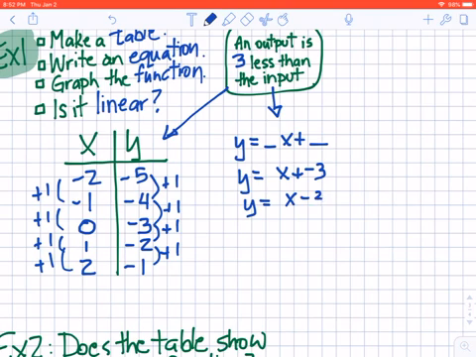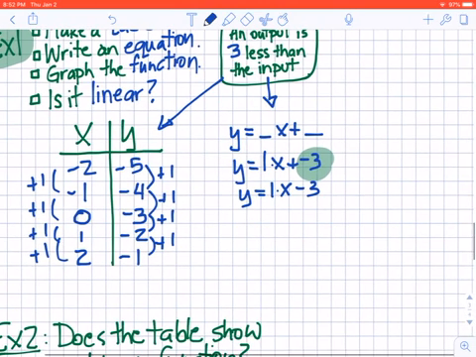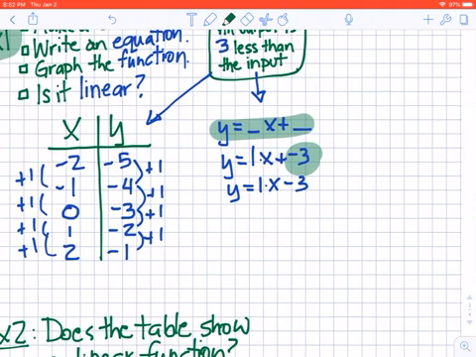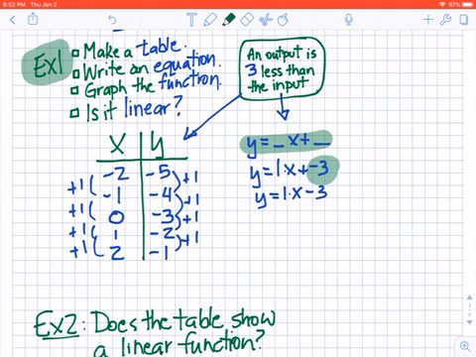I would suggest writing it as a plus, because you'll want to see that this number is a negative number. Also, it's kind of hard to notice here, but if you look in front of the x, we're multiplying it by 1. And that's not really obvious, but it's a good idea to write that, and that shows us if the function is linear or not. So far we have 2 yeses to the word question, is it linear?